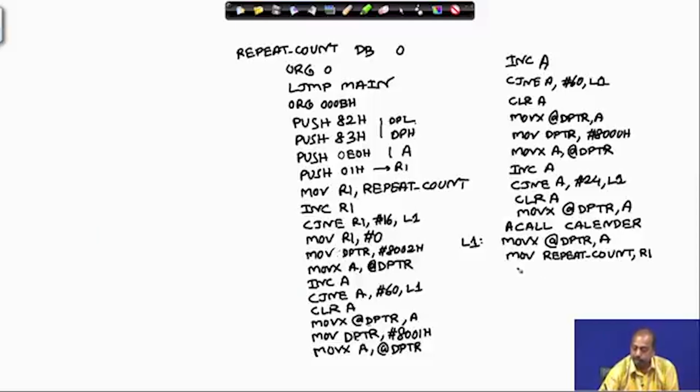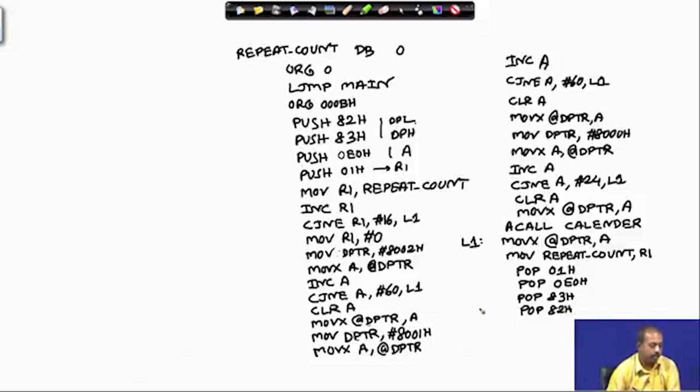It should be in the reverse order in which we have saved them: POP 01 hex, then POP the accumulator, POP E0 hex, then POP 83 hex, then POP 82 hex. So, those locations are popped out.